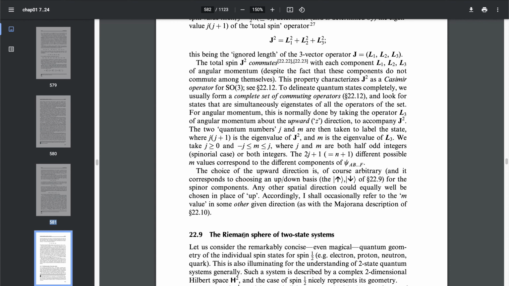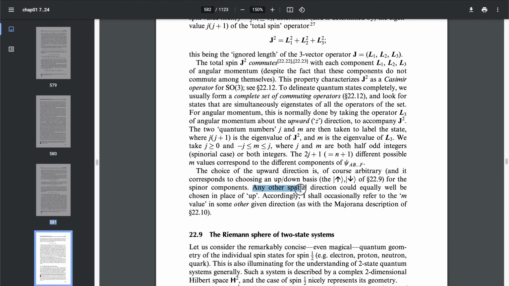Yeah, so we have only the last paragraph here, which says that the choice of the upward direction is of course arbitrary, and it corresponds to choosing the up-down basis, which we will see in the next subchapter for these spinor components.